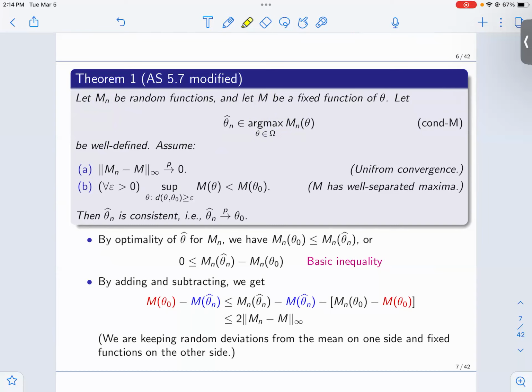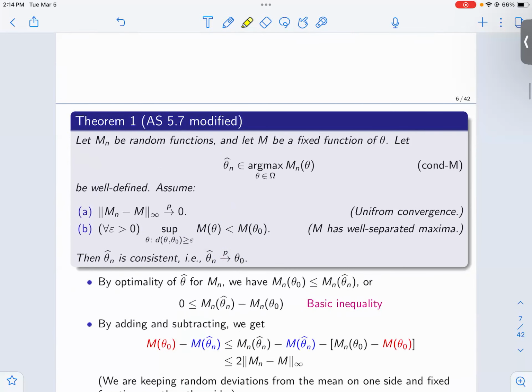If this sequence of functions converges uniformly in probability, so this is uniform convergence, and if the second condition holds, which roughly says that M(theta) has a unique maximum at theta naught, then theta hat n is consistent, in the sense that theta hat n converges in probability to theta naught. Okay.